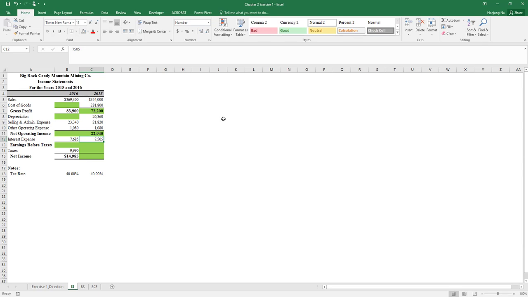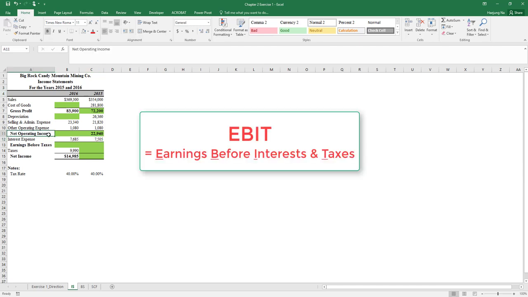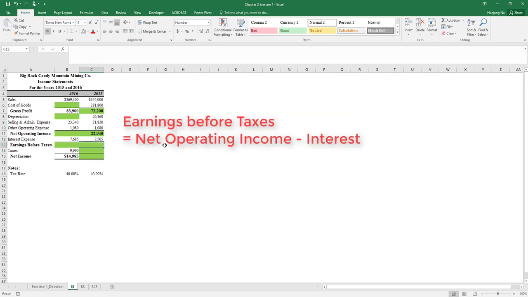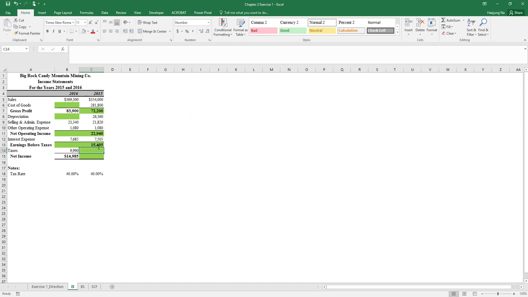Another name for net operating income would be EBIT, which is earnings before interest expenses and taxes, right? So what it means is that you have to take away interest expense. So let's do that to find our earnings before taxes. That will be net operating income minus interest expense. There you go. You have the earnings before taxes.